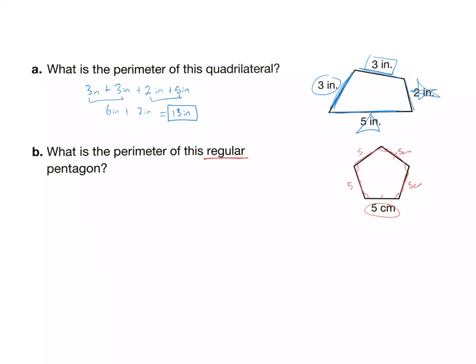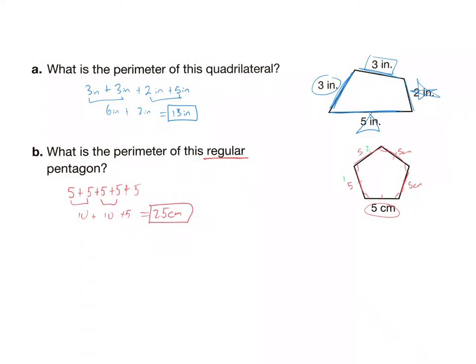So what I can do is I can say 5 plus 5 plus 5 plus 5 plus 5. So these two are 10, these two are 10, plus 5. So it's going to be 25 centimeters. Now you also might have noticed that since all 5 side lengths are the same, and I have 5 sides, right?